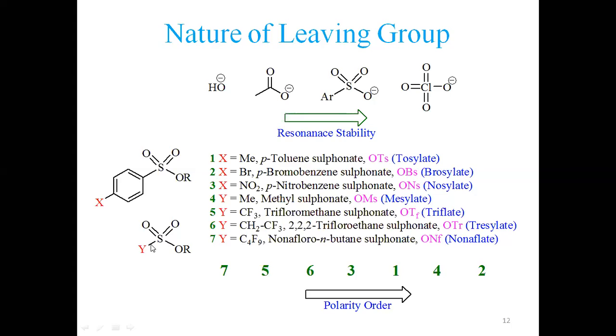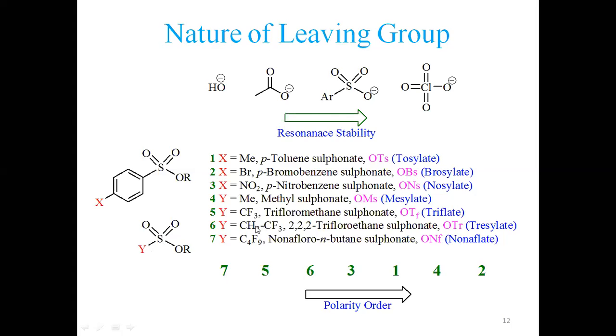So when it is most electron withdrawing, it shall withdraw electron density more, and this oxygen-carbon bond shall be most polarized. On the basis of electron withdrawing, or making the oxygen-carbon bond more polarized, number 7, nonaflate, is the most electron withdrawing by inductive effect.